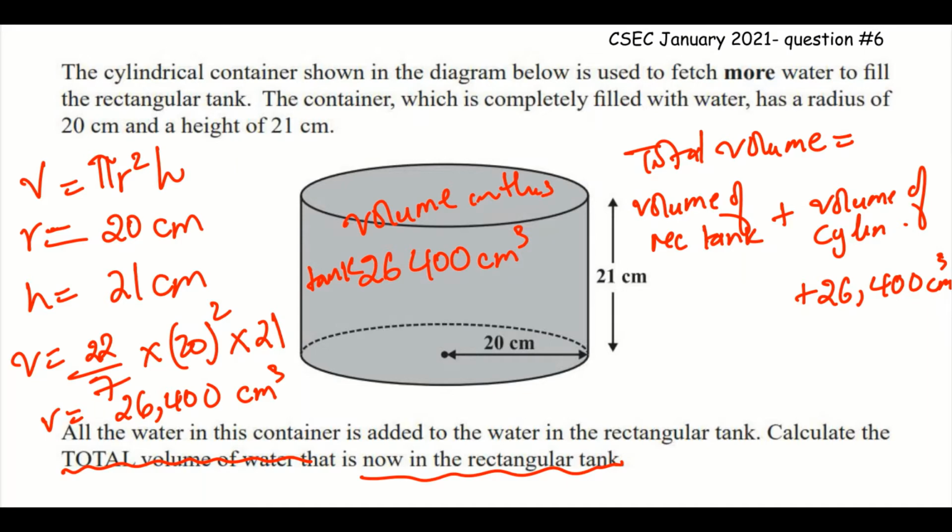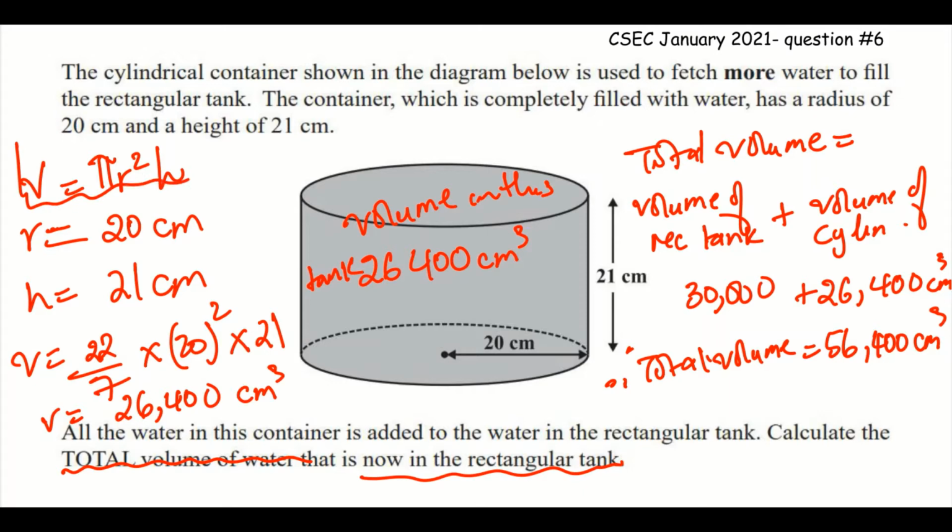So 30,000 plus 26,400, so therefore the total volume is equal to 56,400 centimeter cubed. So you see where we use our formula V equals pi r squared h, and focus on the keyword: calculate the total volume of water that is now in the rectangular tank.